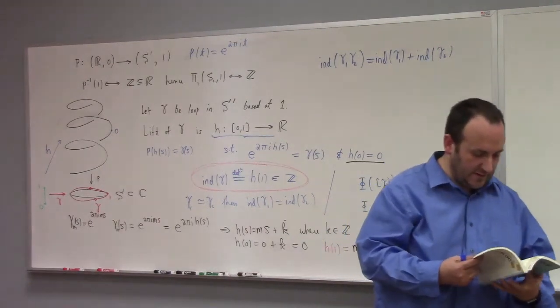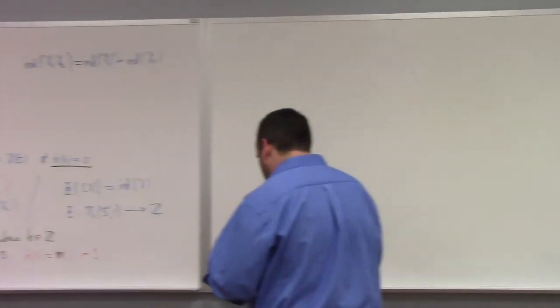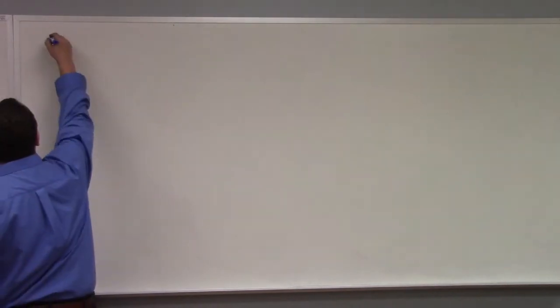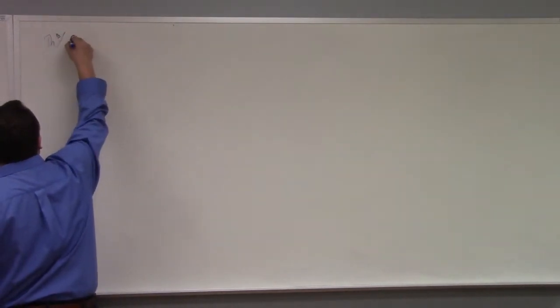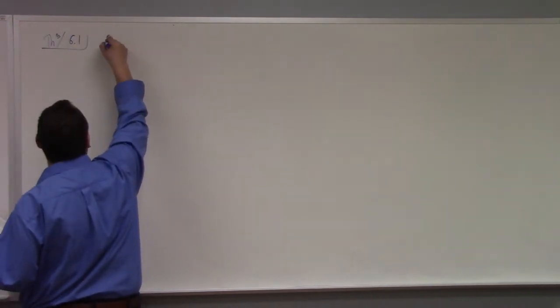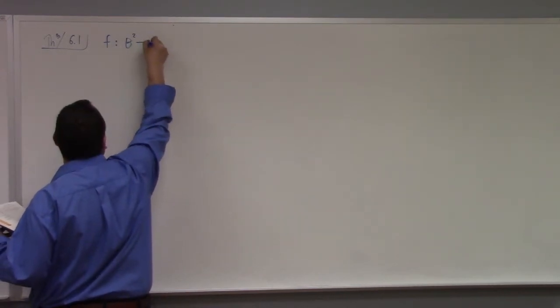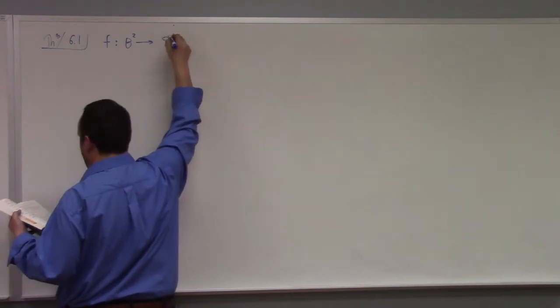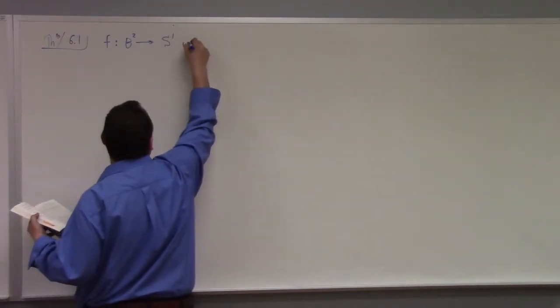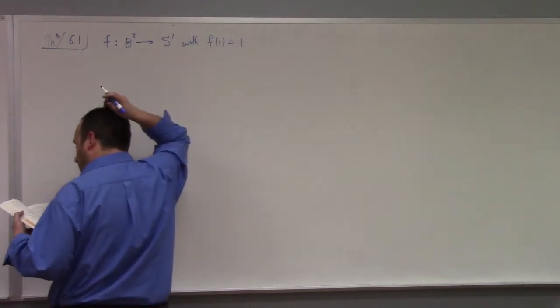Some applications of the index, then. Let's get us to the next section here. Theorem 6.1. It says, let f be a map from B2 to S1 with f of 1 equal to 1, all right?